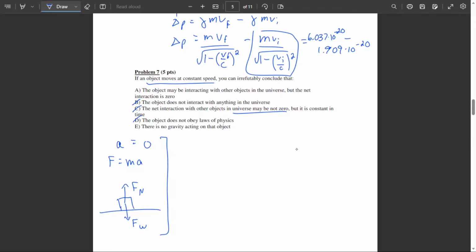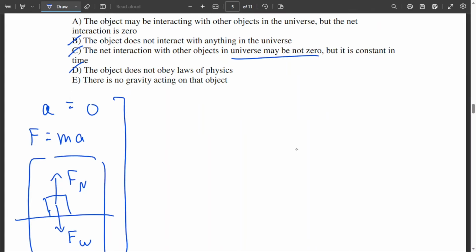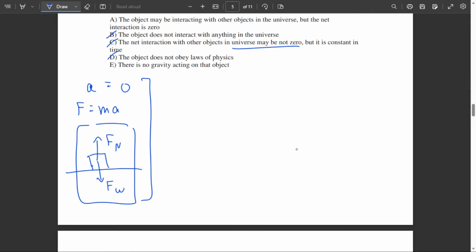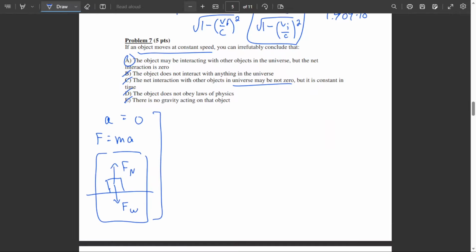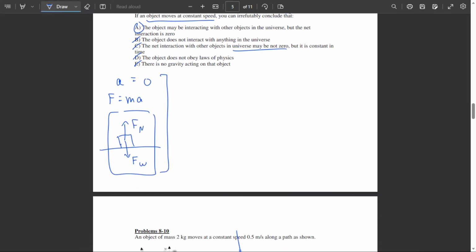Similarly to this example down here, you can have an object with gravity acting on it, so long as there's another force acting in the opposite direction with equal magnitude, and that will produce a situation where an object is moving at constant speed. So E is false, which means our answer must be A, like we outlined at the beginning.